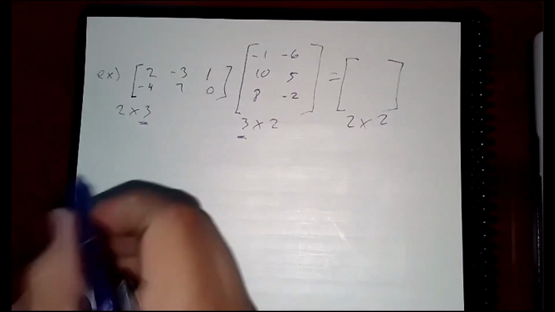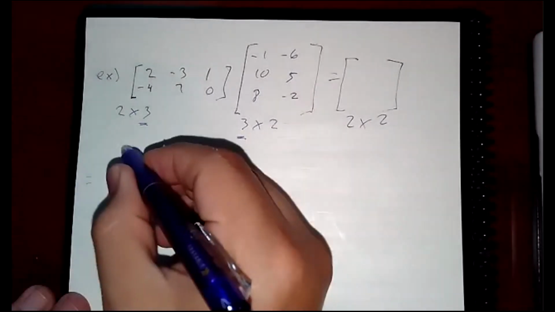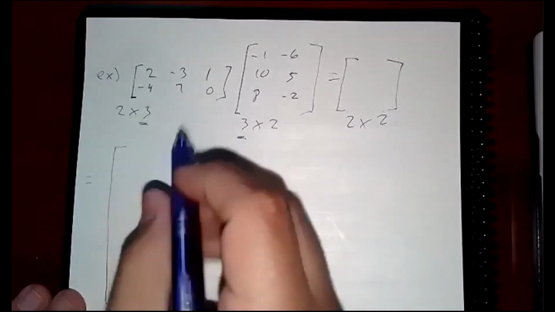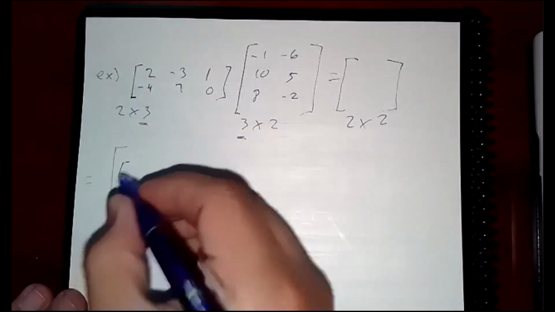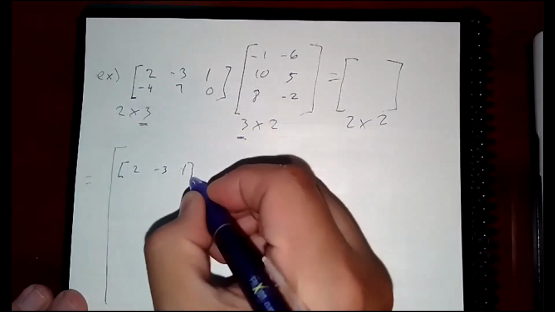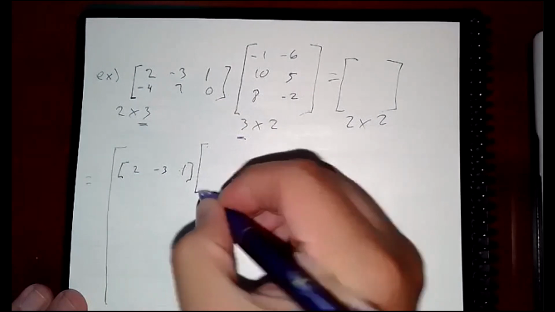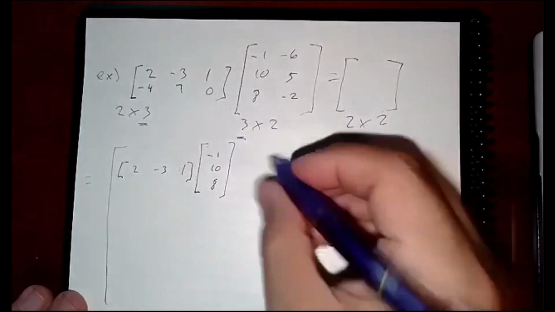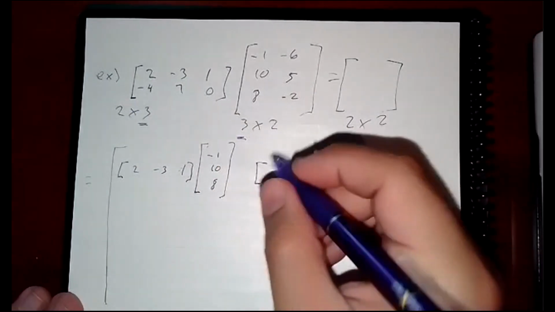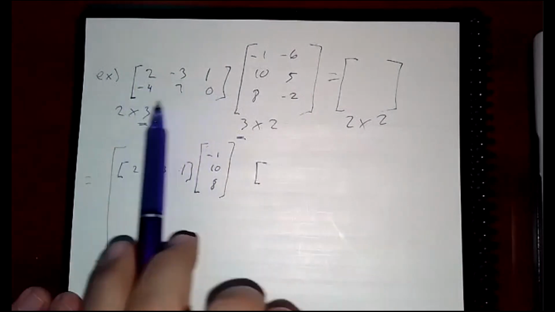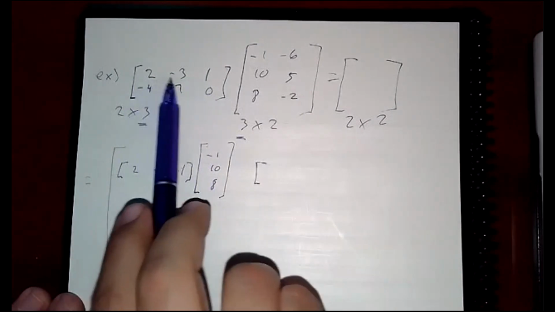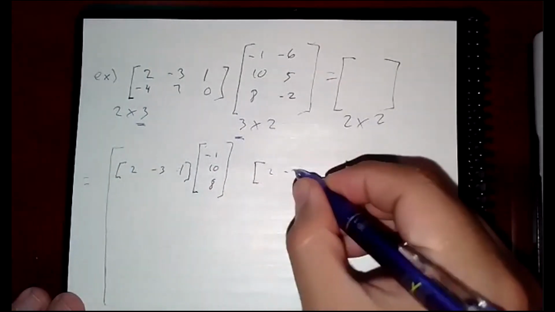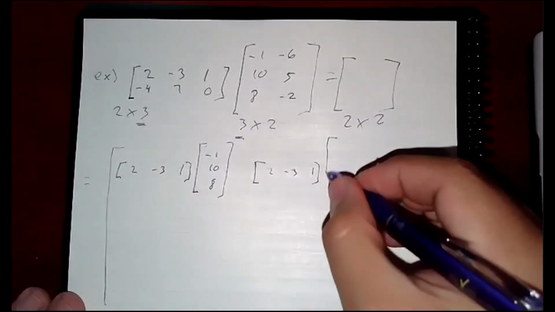The way you do this is basically you create, I'm going to use a whole page here. You take the first row, 2, -3, 1, times the first column, and then you go to the next column. So I'm going to use this guy. First row times the first column, first row times the second column. So I'm going to write this down again, times the second column.